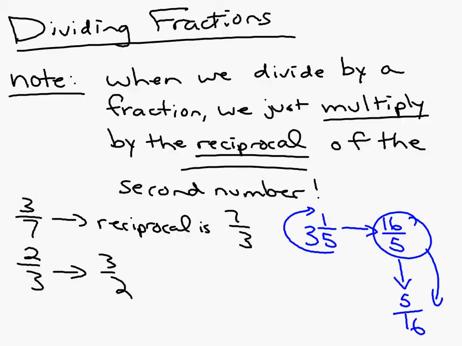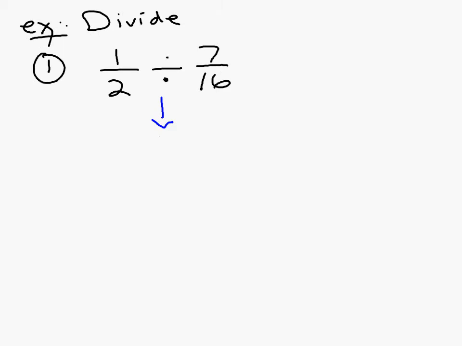What did I tell you? We are going to multiply by the reciprocal of the second number. So, what's the reciprocal of 7/16? 16/7. The 1/2 does not change. It stays as 1/2.